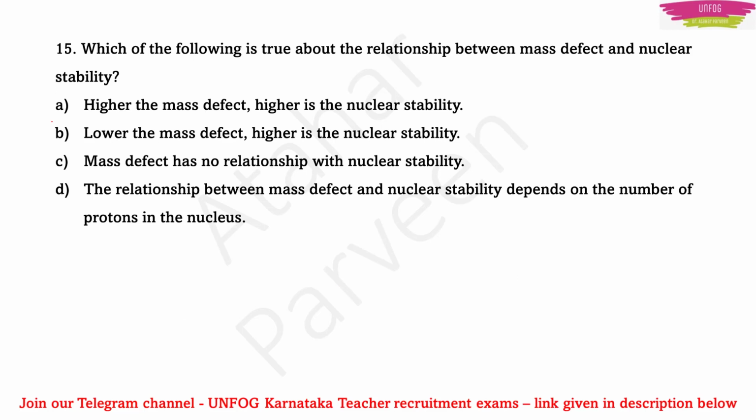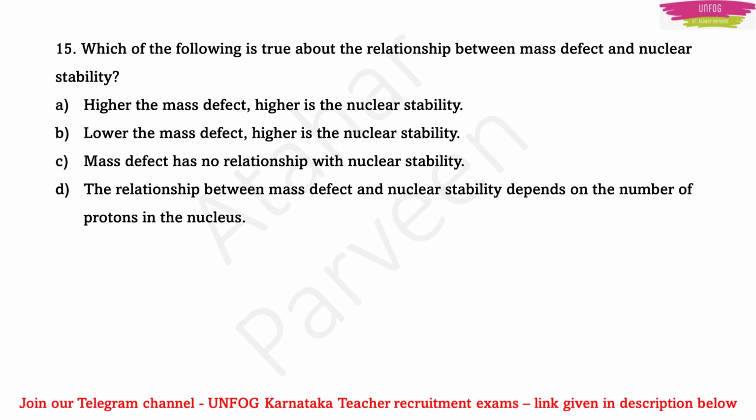Next, which of the following is true about the relationship between mass defect and nuclear stability? Now here what you have to understand is that having mass defect more means stability will be less. Correct, right? More mass defect means the stability will be less. Less mass defect means stability will be more.